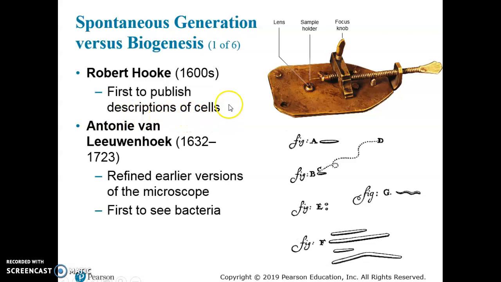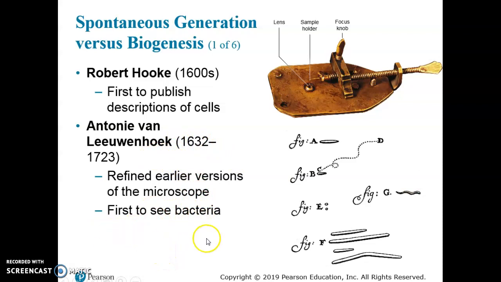And both he and Leeuwenhoek talked about animalcules, little tiny animals. Both of these individuals were very important in establishing the desire to know more about the world around us. Leeuwenhoek is considered to be the father of microscopy.